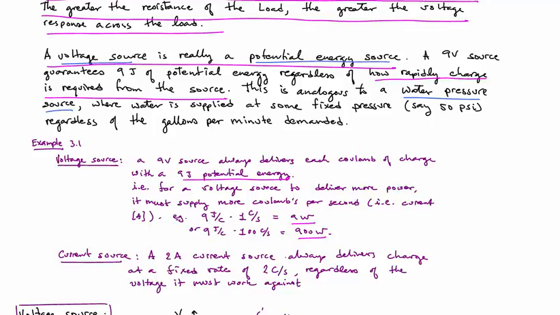For a current source, it's the flip. If you have a 2 amp source, you're always going to deliver a fixed rate of charge. You get 2 coulombs per second. But if you say you want 10 watts delivered, then you would make that source deliver those 2 coulombs per second into a 5 joule per coulomb voltage, okay, 5 volts.